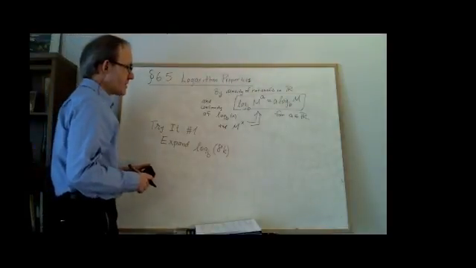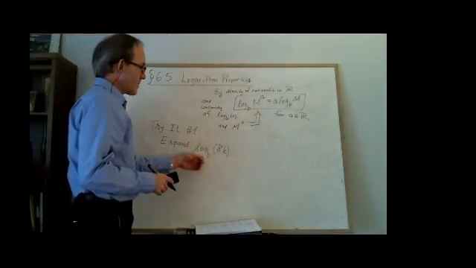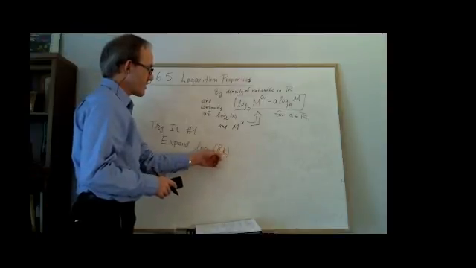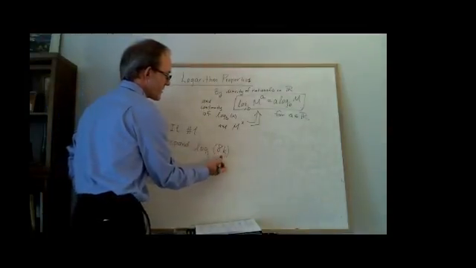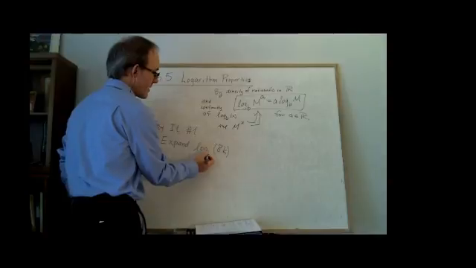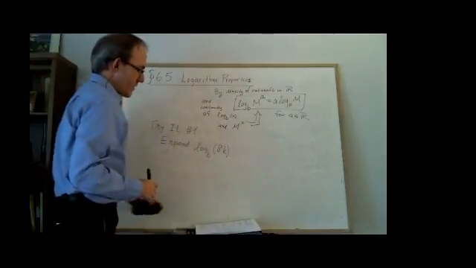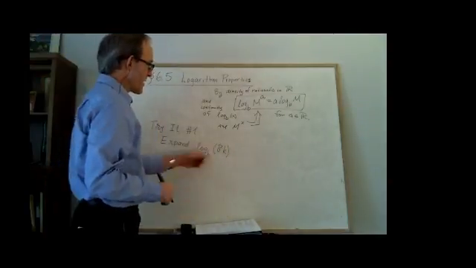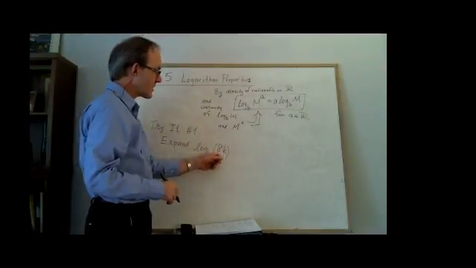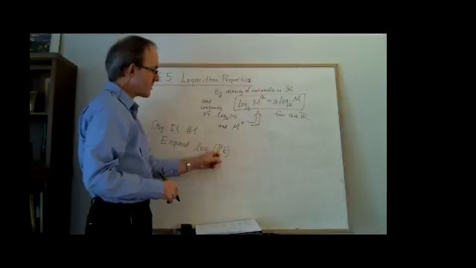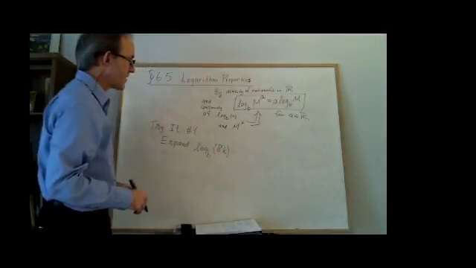This idea is similar because you want to recognize that this expression is a product of two numbers, and you want to write the logarithm of the most simple factors that you can find. So in this case, if it's a whole number, then you want to write it in its prime factorization before you expand it out as a sum of logarithms.